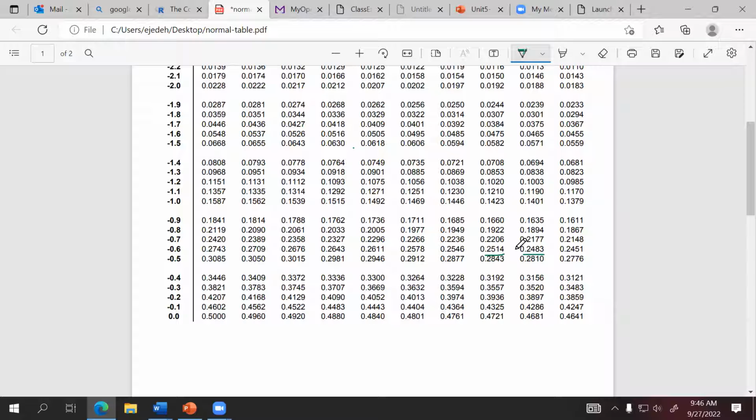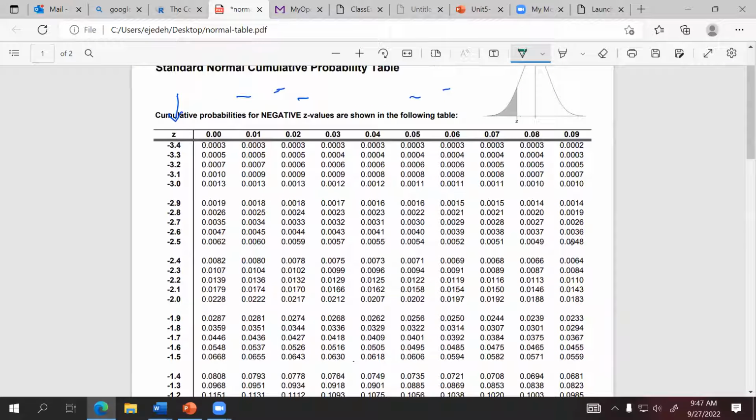So we're going to pick this one here. Let's assume this is the closest we can get to 25%. Then you locate the point where you found it. If you go horizontally, the z value we found is negative 0.6, and it is under 8.